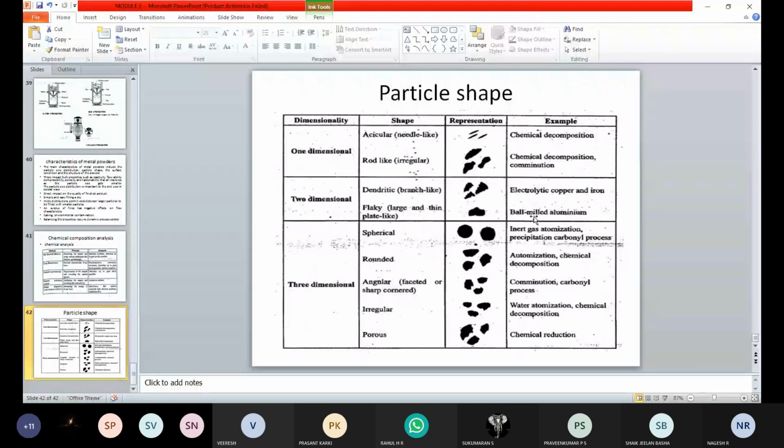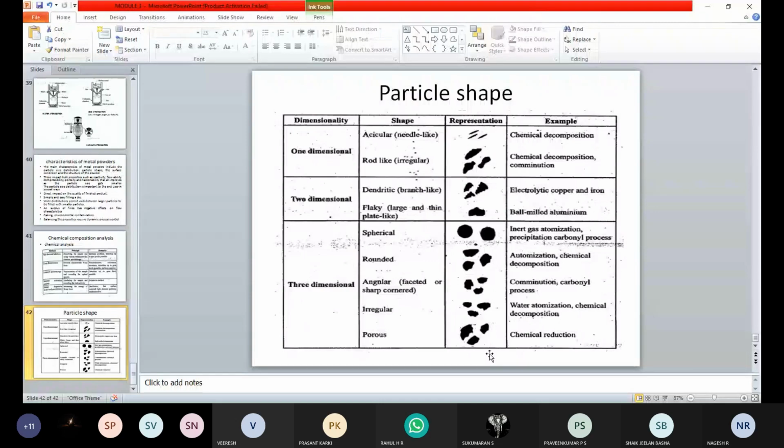Then also three-dimensional: spherical, from inert gas atomization. Then also rounded, similar to rounded but not completely rounded. Then also angular, which may be of different angular positions. Then also irregular shapes and porous shapes.